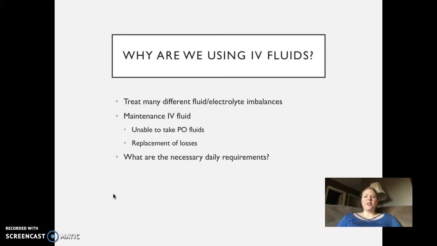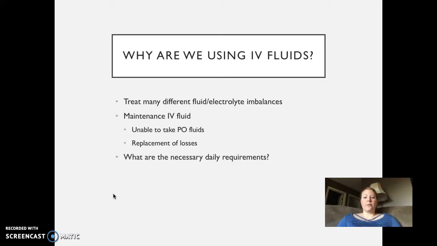So IV fluids, why are we using them in general? I know the majority of your patients that you've probably seen in the hospital are on some kind of IV fluids for some reason or another. Fluids are used to treat many different fluid and electrolyte imbalances. Say you have a patient that comes in with a fluid volume deficit and they're hypernatremic.